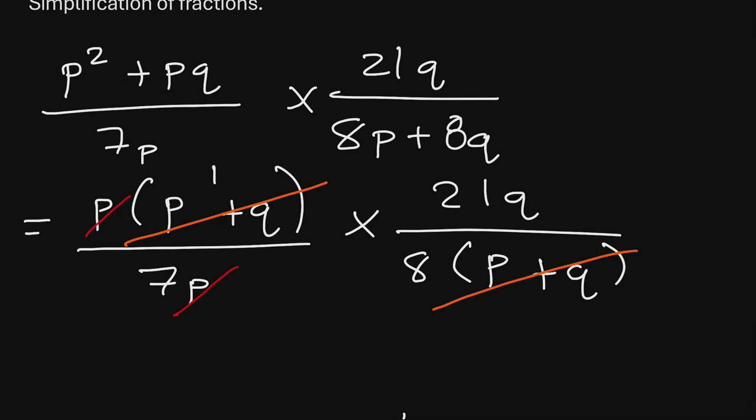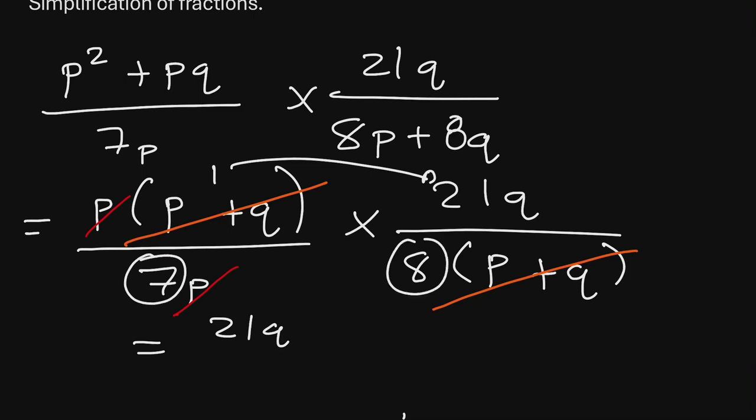So we're going to say 1 multiplied by 21q. So that is going to be 21q. And then at the bottom we have 7 and 8. If you put in your calculator 7 multiplied by 8, that is going to give you 56. Now is this simplified?